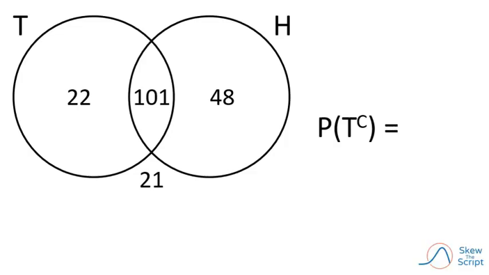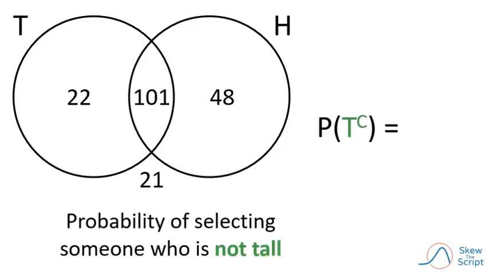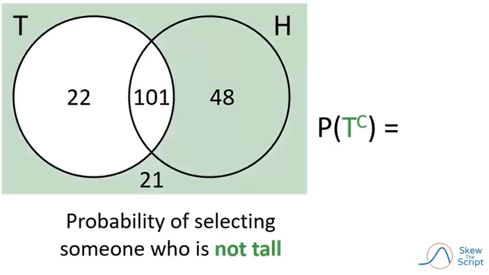And finally, one last probability to showcase is this one. What is the probability of T complement, selecting someone who is not tall? Here's what it looks like in our diagram, in which we are now capturing everyone except for those people who are tall.